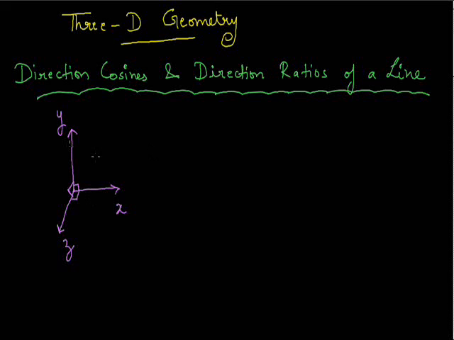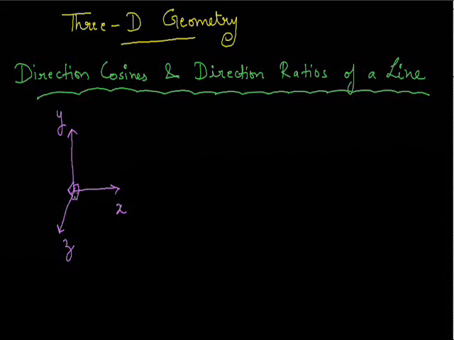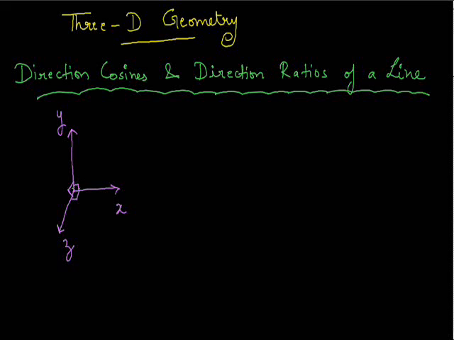Now suppose in this three-dimensional space, we have a line L. This line makes an angle alpha with x-axis, angle beta with y-axis, and angle gamma with z-axis.